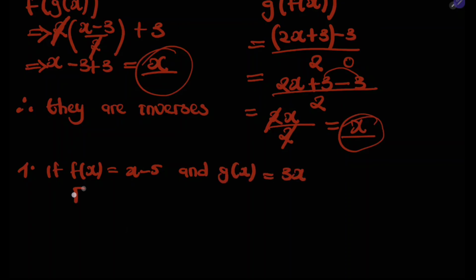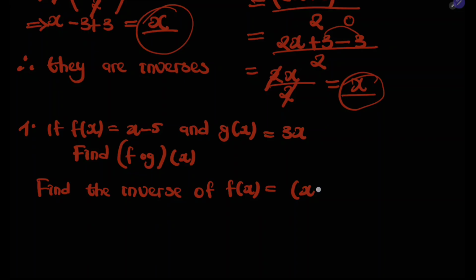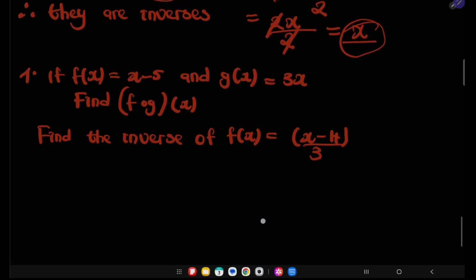So here we are going to find f of g of x. Okay, and then let's say also find the inverse of f of x equal to x minus 4 on 3. So this is what we have.